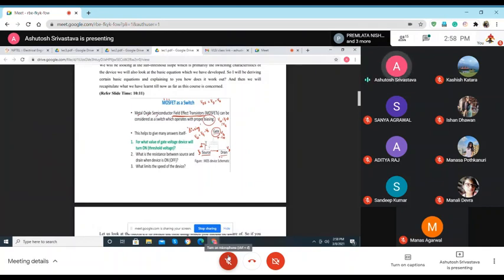If this is a p body, holes are the majority carriers in this region, and this is the depletion region. From source to drain, there cannot be any conduction if it is depleted of charges. It can only happen when there is a reverse inversion of charges. What does that mean, by the English word itself?